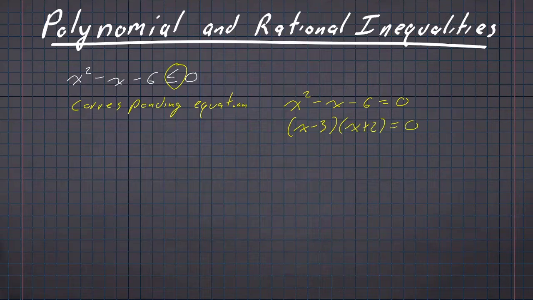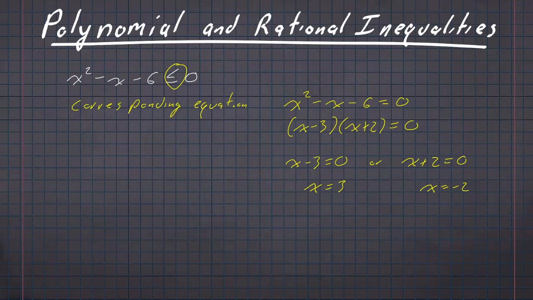Using the zero product rule, I get that this function has zeros at x equals +3 and x equals -2.